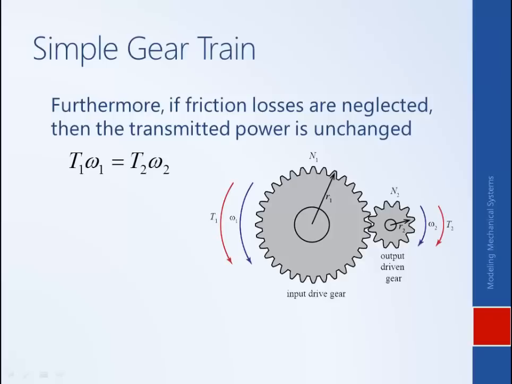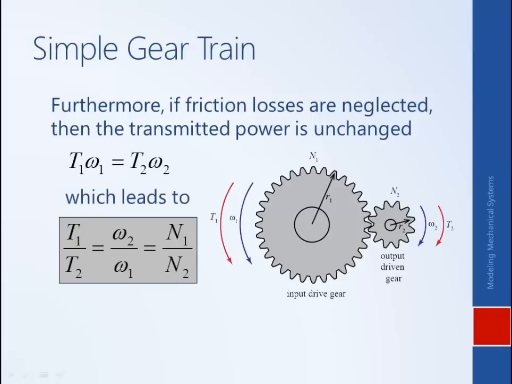If we divide T2 to the left and omega 1 to the right, we get a relationship between the torques and the speeds. And then, taking advantage of the relationship on the previous slide, we can see that the torques are proportional to the number of teeth on the two gears.